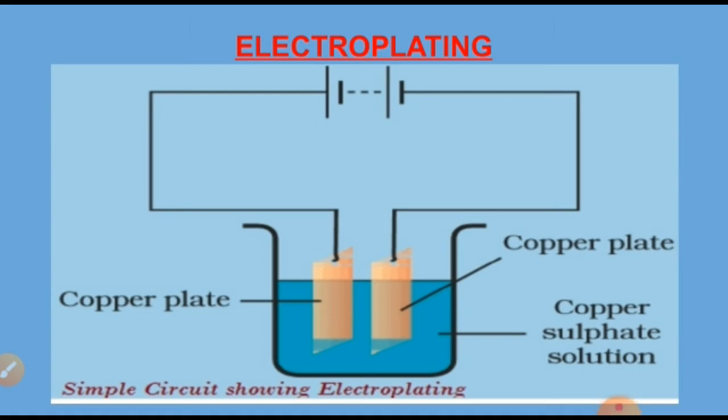And next, electroplating. In this activity, you know that a brand new bicycle has shiny handlebars and wheel rims. However, if these are accidentally scratched and the shiny coating comes off, a not so shiny surface is revealed beneath.